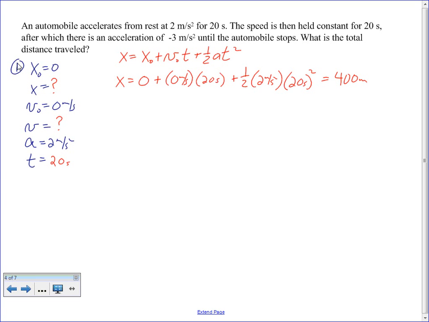To find the velocity at the end of that first segment, we can use velocity as a function of time. So the velocity equals the initial velocity of 0 meters per second plus 2 meters per second squared times 20 seconds. So it's going to be going 40 meters per second at the end of those 20 seconds.